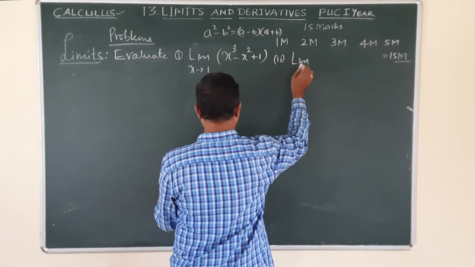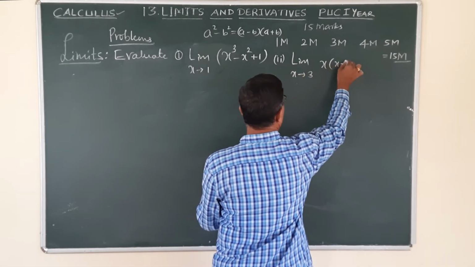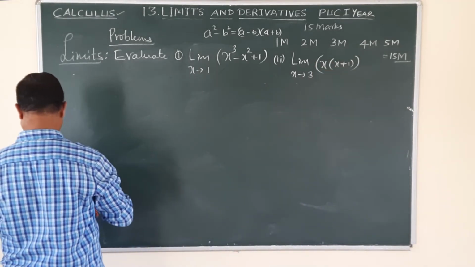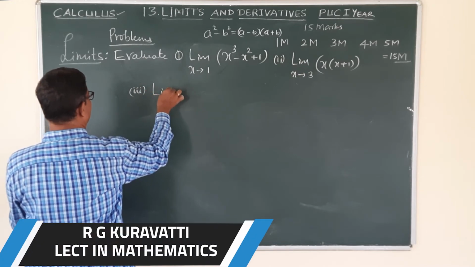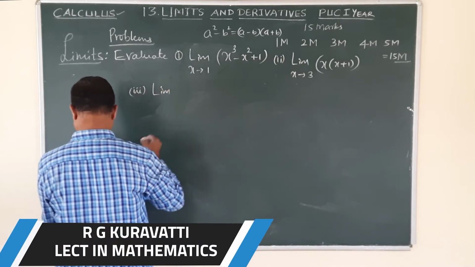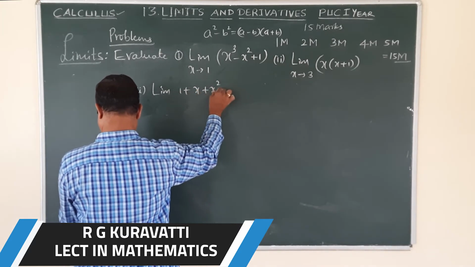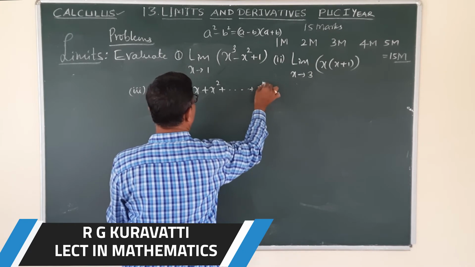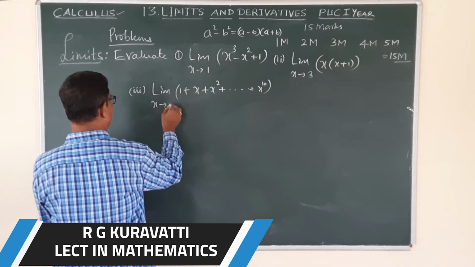Second one, evaluate the limit of x into bracket x plus 1 as x approaches 2. Third one, evaluate the limit of 1 plus x squared plus and so on plus x power 10 as x approaches minus 1.